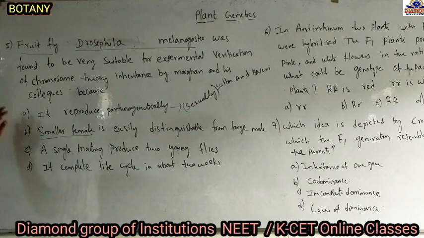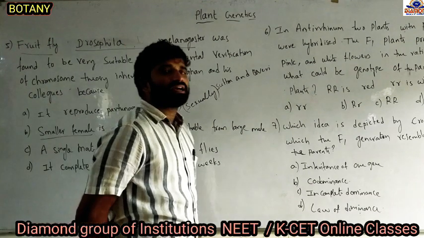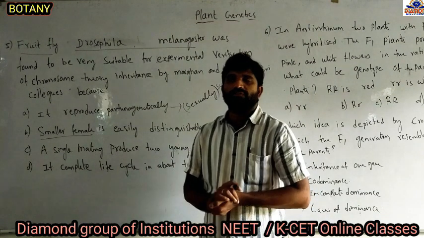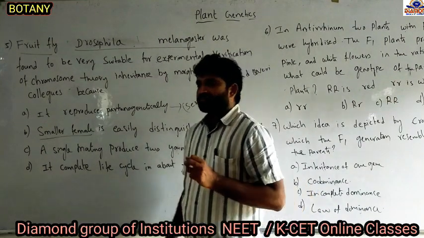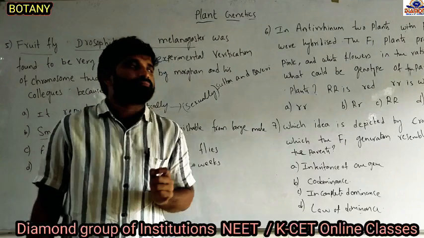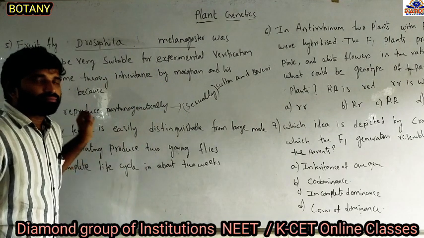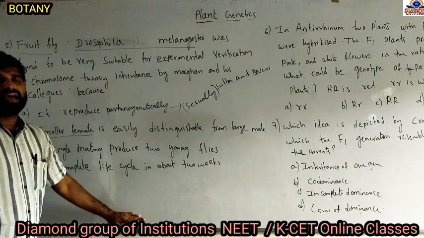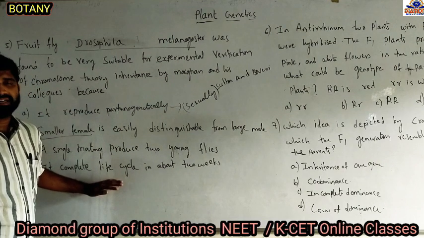And option D, it completes its life cycle in about 2 weeks. Yes, Morgan took Drosophila melanogaster for his experiments. The life cycle of Drosophila melanogaster is very short, about 2 weeks. The male and female flies are distinguishable, they produce many offspring from a single mating, and they survive easily on synthetic media.